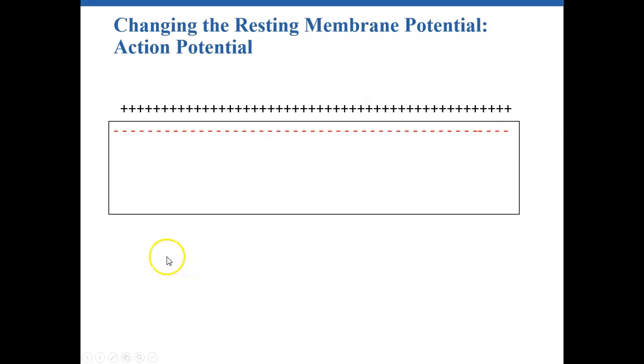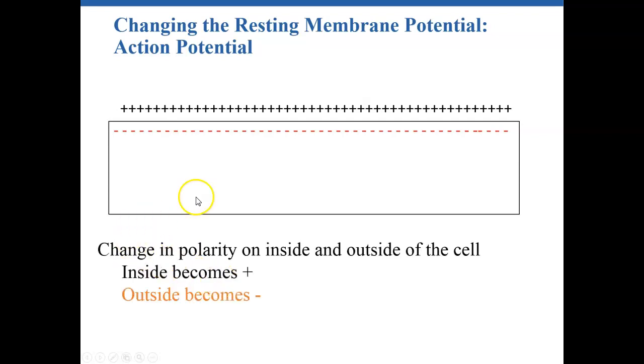And so how does this happen? An action potential occurs when the inside of the cell becomes more positive than it was, and the outside becomes more negative. So if one of those protein channels opens and sodium rushes in here, that is going to make this region more positively charged. If that positive charge reaches negative 55, that's when it changes to an action potential.